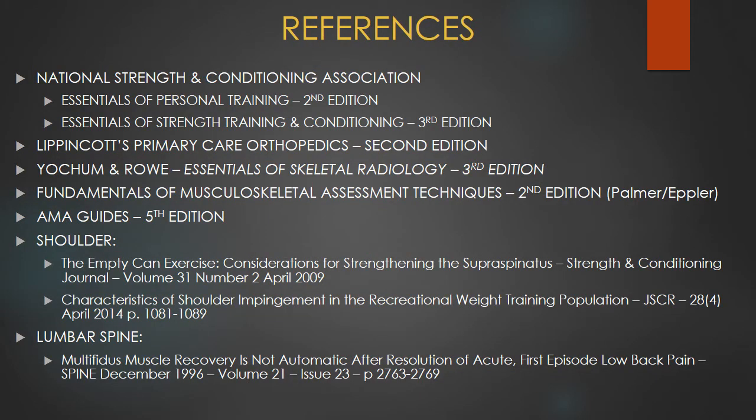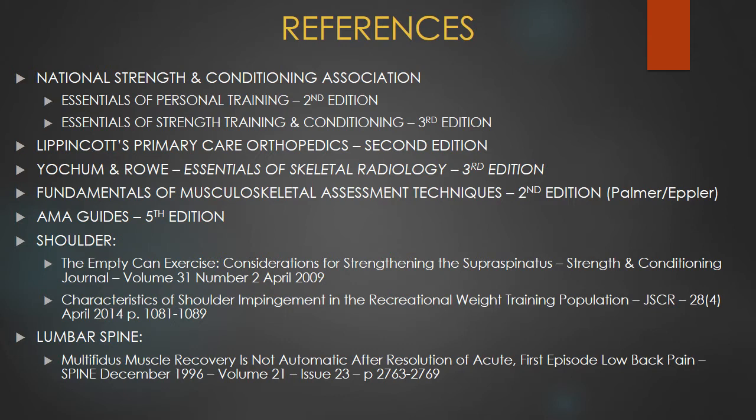References for today's program are many. I draw your attention to a couple of textbooks from the National Strength and Conditioning Association. I'll be presenting information from the Essentials of Personal Training and also the Essentials of Strength Training and Conditioning. I'll also draw upon material out of Lippincott's Primary Care Orthopedics, 2nd edition. I'll refer to Yochum and Rowe, Essentials of Skeletal Radiology, specifically when we get into a discussion later on the rehabilitation of spondylolisthesis and spondylolysis.